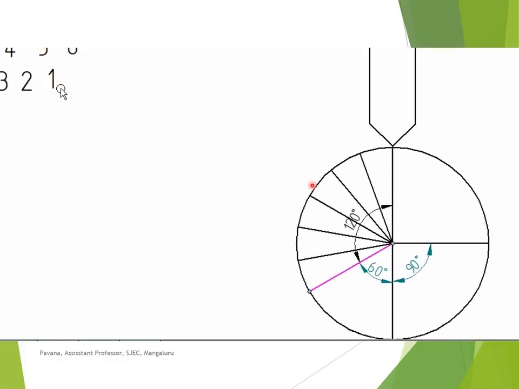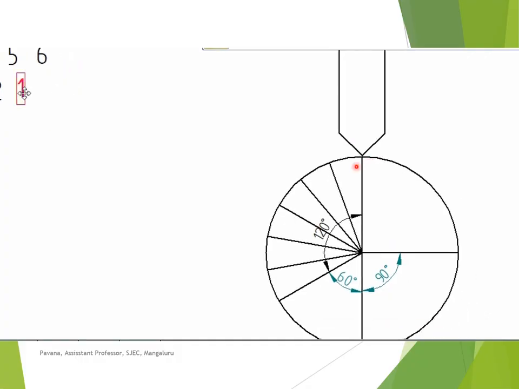Write the number at the tip. So this will be 1, next is 2, next 3, 4, and 5 and 6. So 6 points.